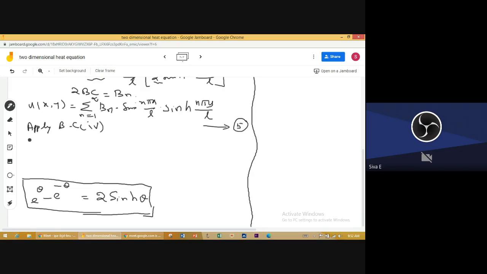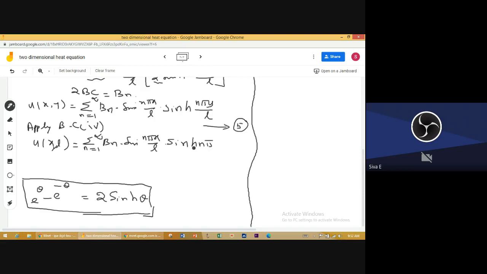We get u of x comma l equal to summation of n equal to 1 to infinity Bn sin n pi x by l into, substituting y equal to l, sinh n pi.